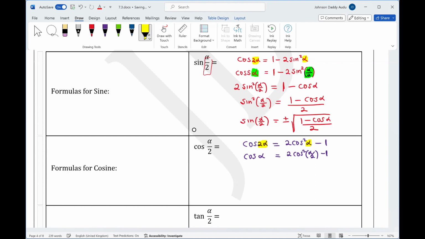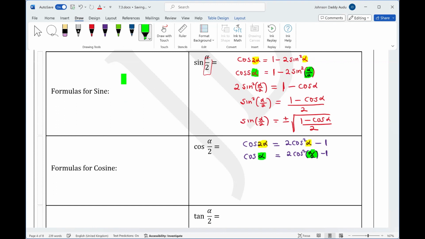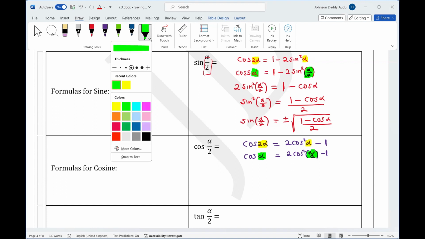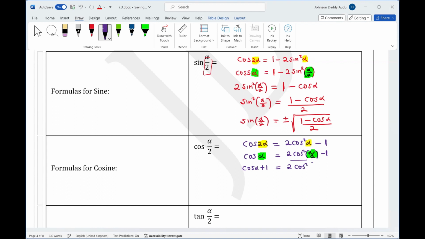So if this is alpha over 2, this is just going to be alpha as well. All right. So now we are going to solve just like here. We solved for the sine squared of alpha; here we are going to solve for cosine squared. So we can leave this and write cosine alpha plus 1 is the same thing as 2 cosine squared alpha over 2.